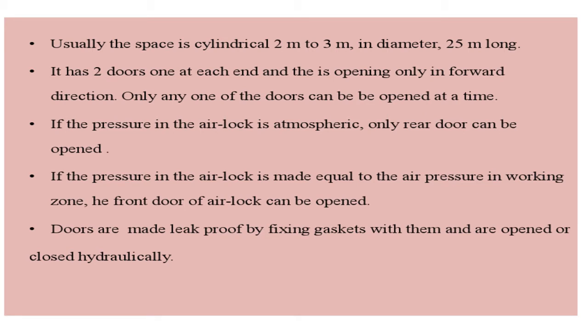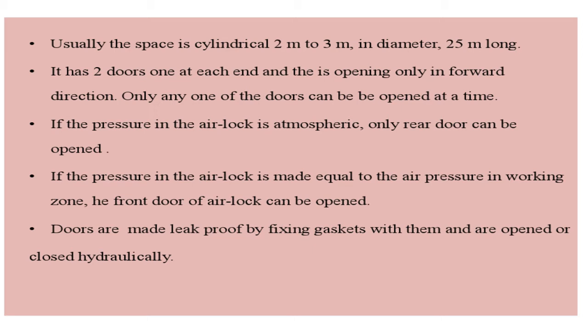Usually the space will be cylindrical in shape, around 2 to 3 meters in diameter, and the length will be around 25 meters. It will be having two doors, one at each end, and the door can be opened only in the forward direction, not in the backward direction. And one more thing, only one door can be opened at a time.